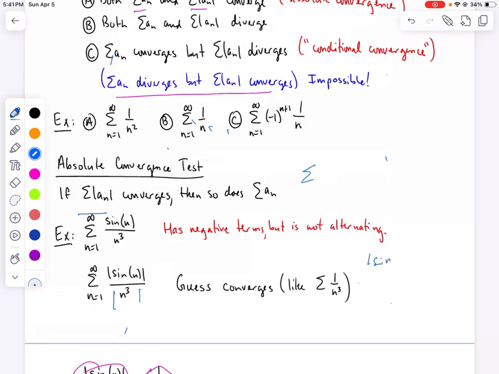So we have that the absolute value of sin n is less than or equal to 1, and 0 is less than or equal to the absolute value of sin n.